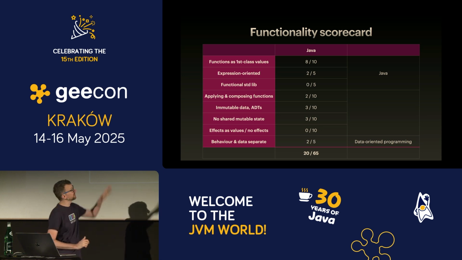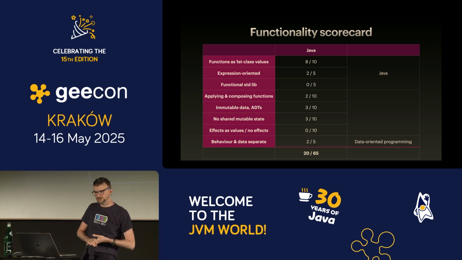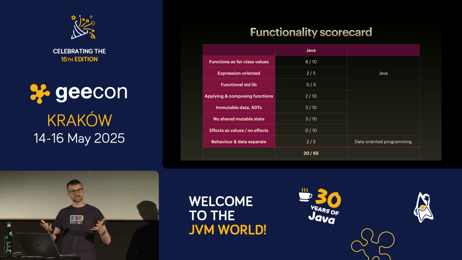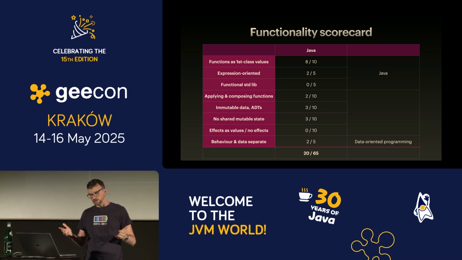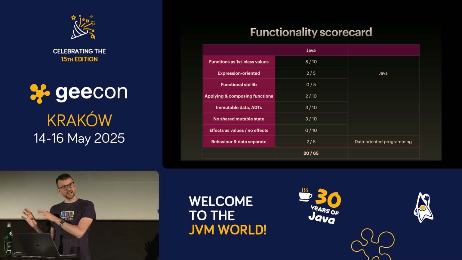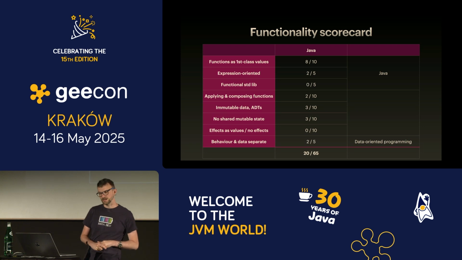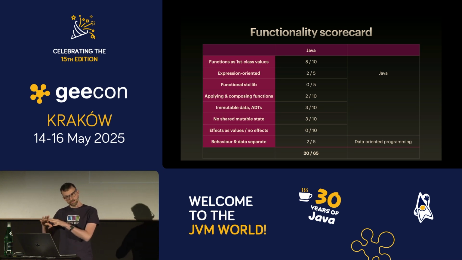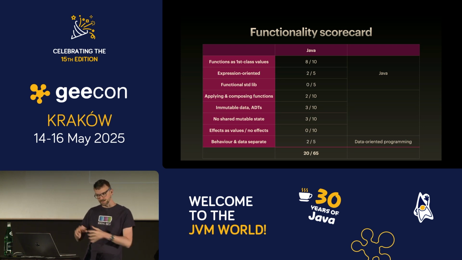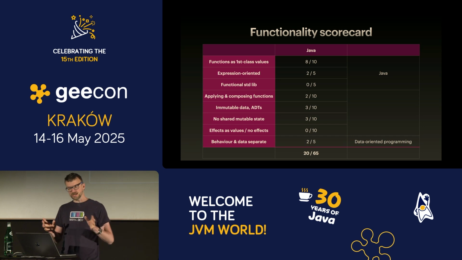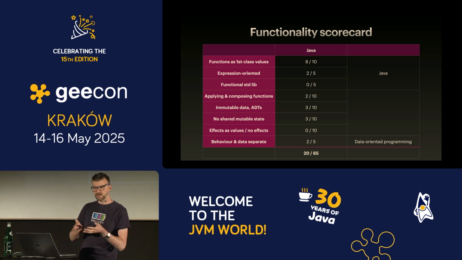So we have a couple of these characteristics here which we have defined. For example, functions as first-class values, as I mentioned, you can represent them in Java in a quite nice way with a pretty low syntax overhead. It's much better than it used to be. So Java is not that expression-oriented. For example, the if, right, is a statement.